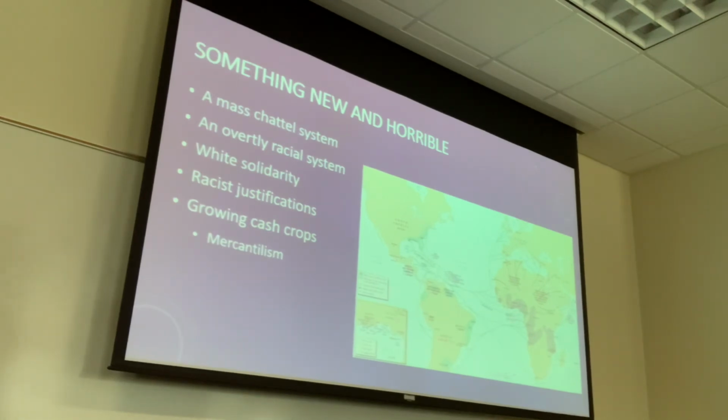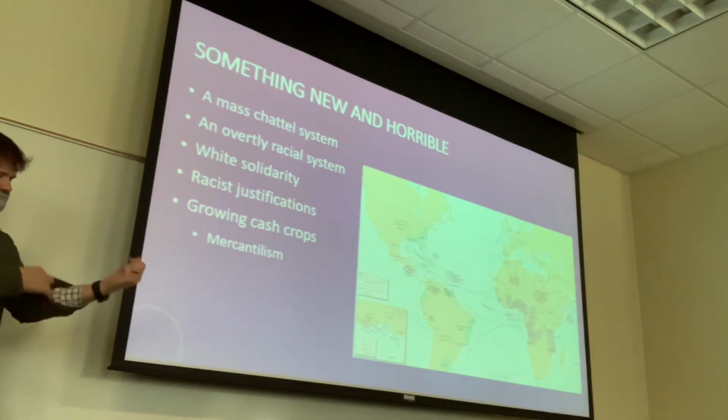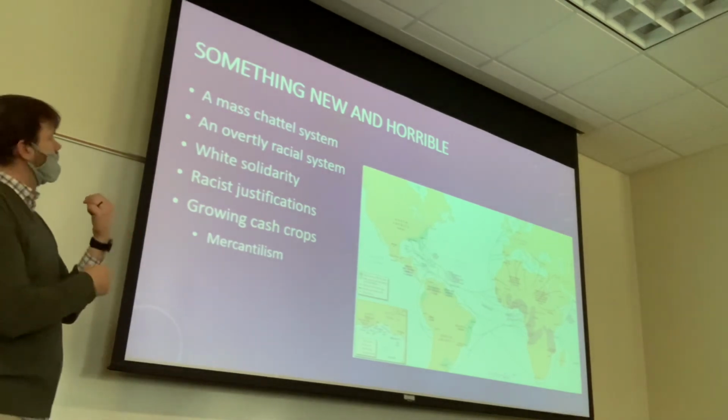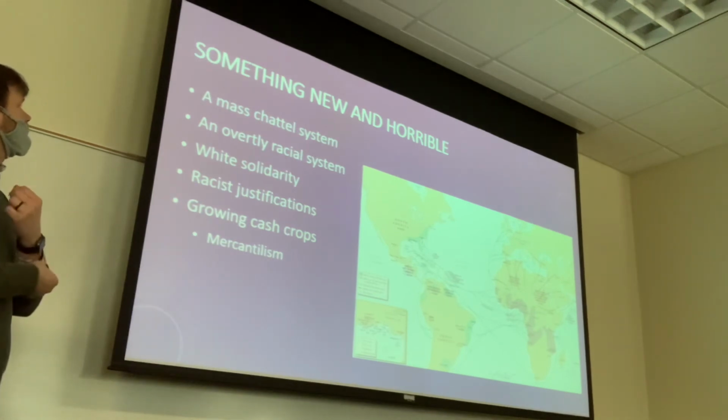So this is just to reiterate what I had said at the onset, that the form of slavery that Europeans bring to the New World is something new and something very horrible indeed.